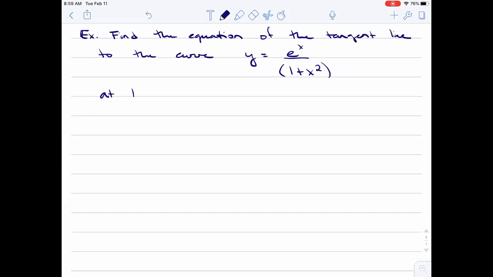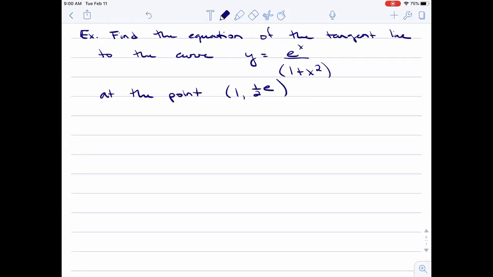At the point x equals 1. It could just be at the point x equals 1, right? We could find the y value. y is just e to the 1 over 1 plus 1 squared. Okay. And so that's where the 1/2 e comes from.